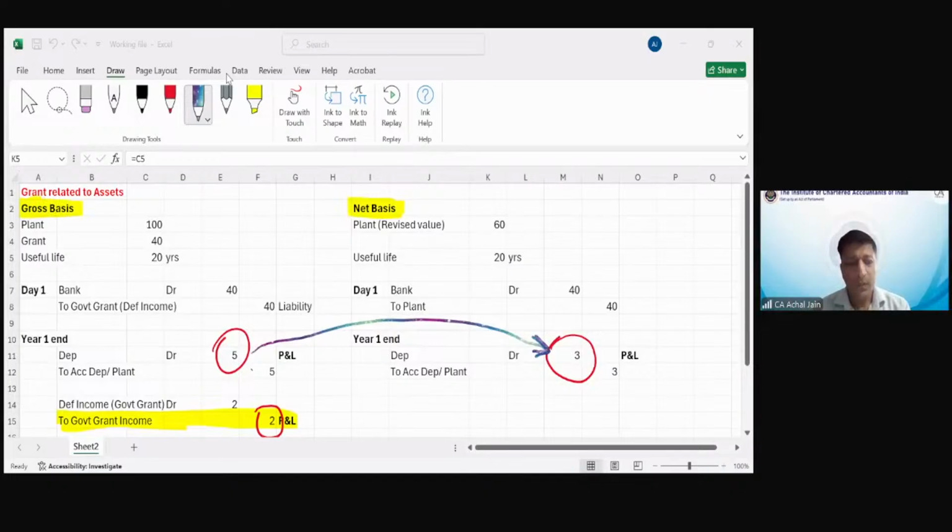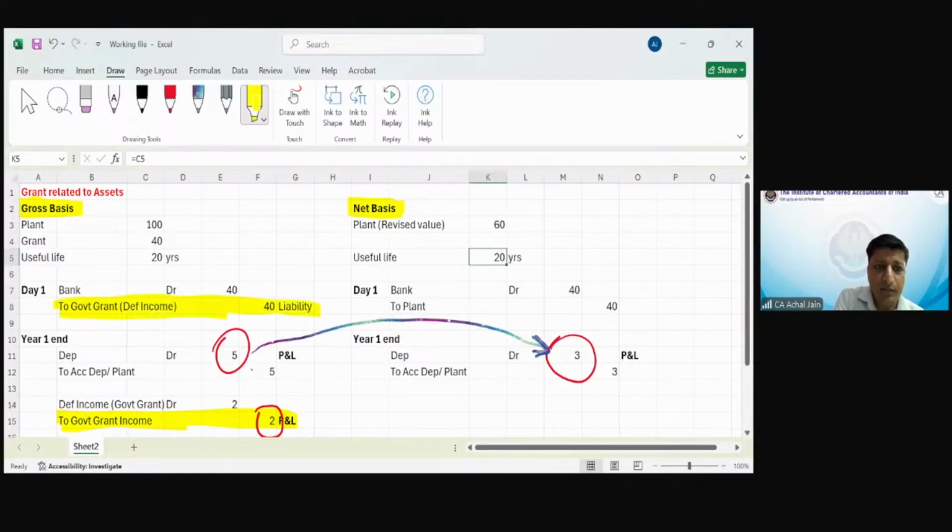Sir, so it means in net basis, we don't need to show the government grant income account, right? You can't do that because unlike in case of gross basis, wherein you had this deferred income which was getting amortized, here you don't have anything. So how can you show that? You have nothing to amortize, so it is by default settled off.